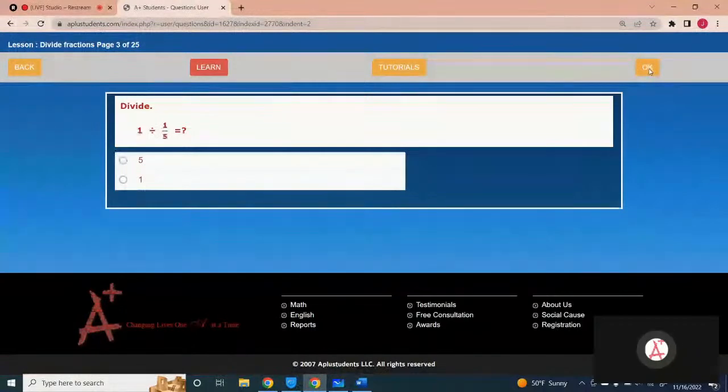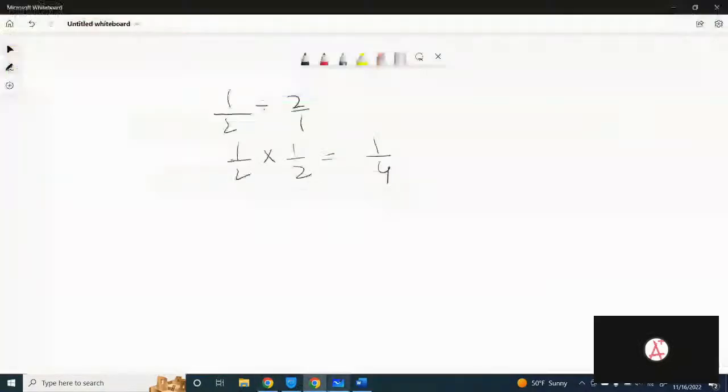Okay, the next one is 1 divided by 1 by 5. Okay, replace the division sign with the multiplication one and take the reciprocal of the term 1 by 5.